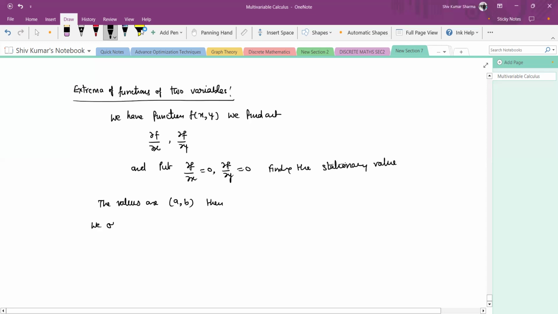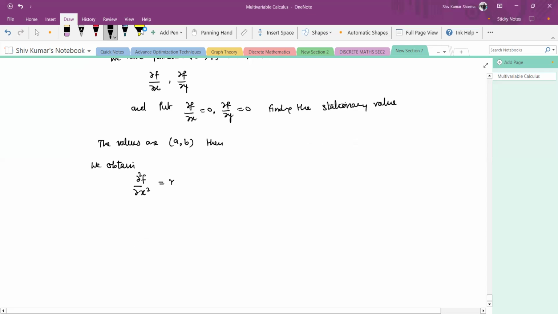Then we obtain the second derivatives. Del square f upon del x square, this second derivative with respect to x, we denote as r. Del square f upon del x del y we denote as s.